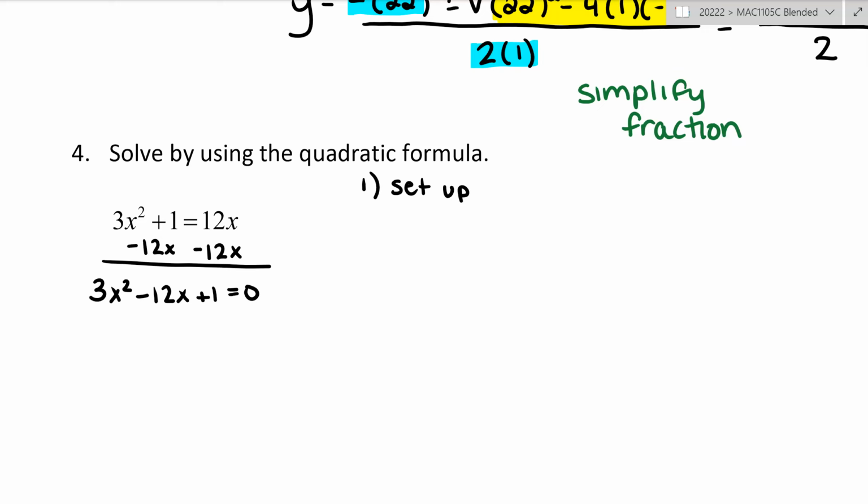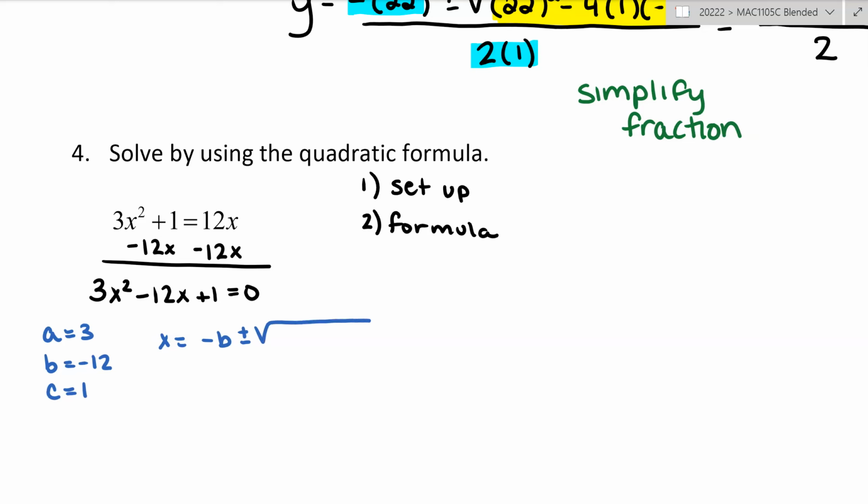So now we're going to use our formula. We have a equals 3, b equals negative 12, c equals 1, and x is equal to negative b plus or minus the square root of b squared minus 4ac all over 2a. Straight replacement.